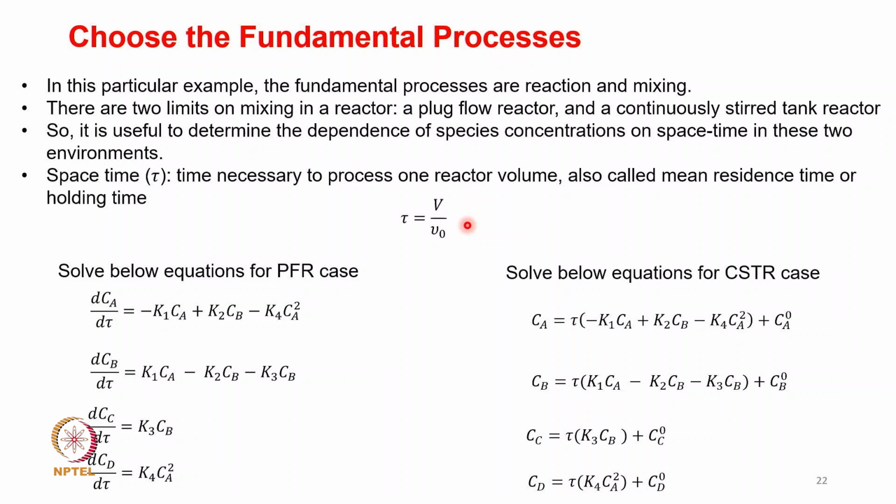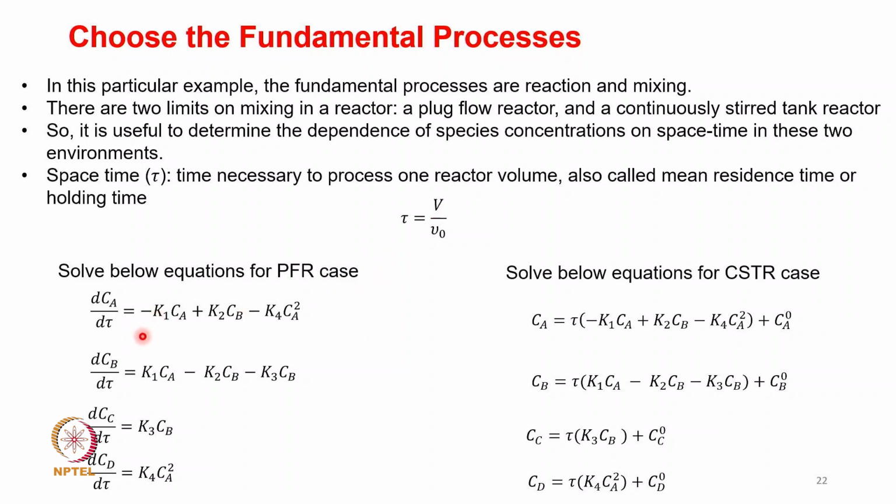That is why I told you at that point, let us reserve this term for now, and we will take it up when we do the design of the attainable region. Space time tau is the time necessary to process one reactor volume, and is also called mean residence time or holding time. Considering the reactions, we write the PFR equations.